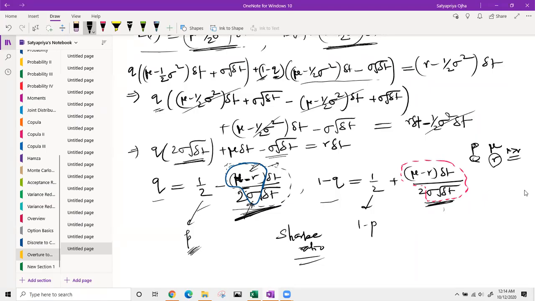But no, hold on. Why should it be minus half? 1 minus half is half, right? 1 minus q is 1 minus this quantity. 1 minus half is half, not minus half. Because together this and this, if you add them, they have to be 1, right? So half plus half is 1, and this term will get cancelled.